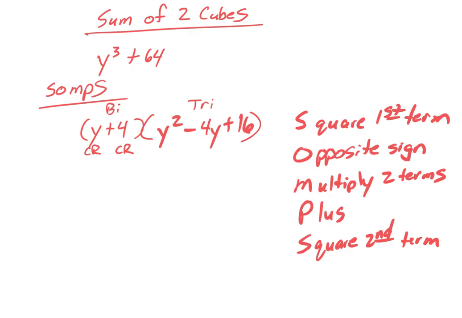That's why it looks so weird, because here we had 2 terms. If I multiplied this times this, and that's something that we did in the last chapter, I would take y times all of these, I would take 4 times all of these, and I know it doesn't really look like it, and I'm not going to go through the time to actually multiply it. But if you did, things would start canceling out, and all I'm going to be left with is y cubed plus 64.